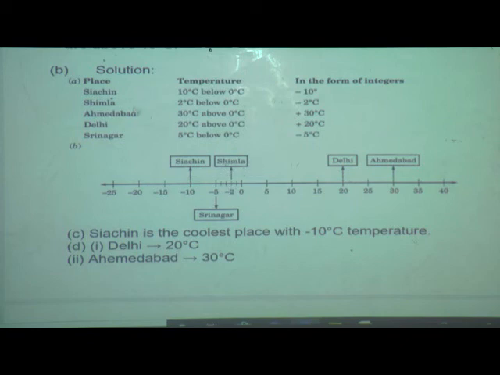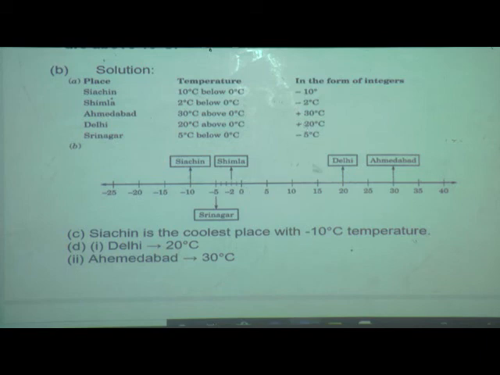Okay. Next, Ahmedabad. Ahmedabad has the temperature plus 30 degrees centigrade. So from 0 we have to move towards the right. So 30 degrees centigrade we have here. It represents the temperature of Ahmedabad. Next, Delhi, we have plus 20 degrees centigrade. Again it is plus, so we have to move right from 0.